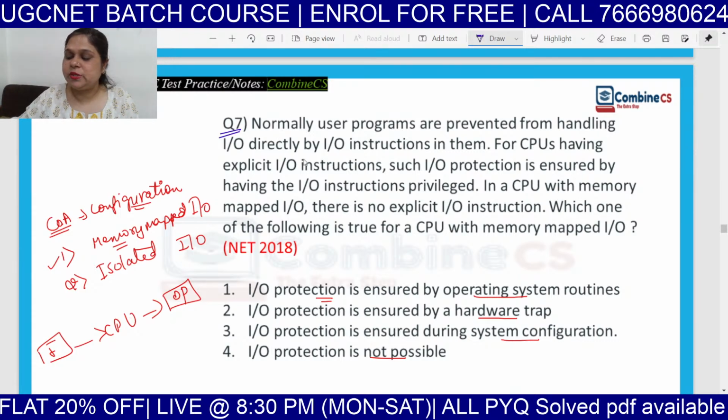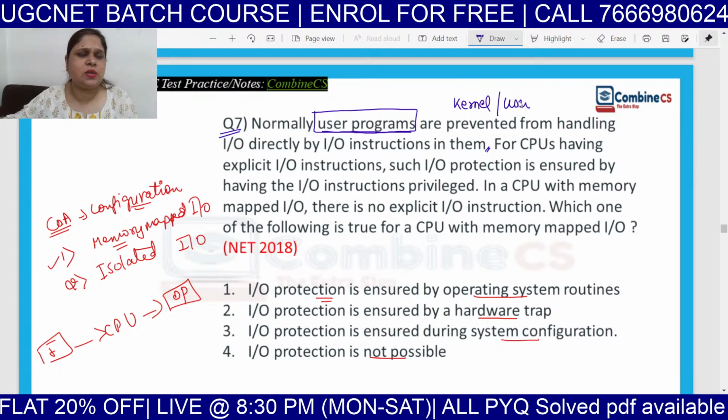See, I am explaining the question now. Normally user programs are prevented from handling input output directly by input output instructions in them. In our computer system we have two types of operations: one is by the help of kernel, where we operate all the things, and the other is user.